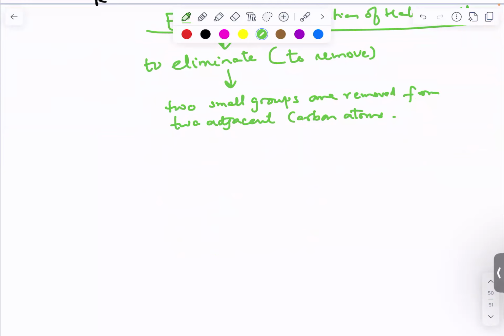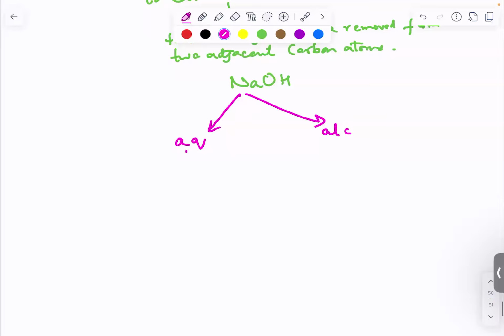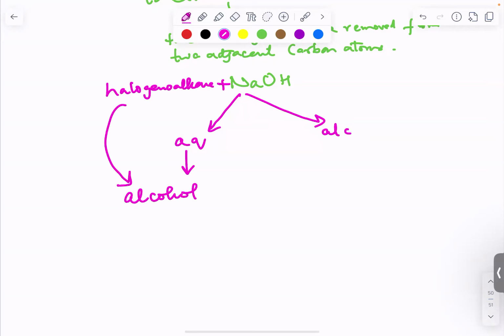If you remember, I told you that sodium hydroxide can be taken in two ways, aqueous or alcoholic. If you take aqueous sodium hydroxide with halogenoalkane, you get alcohol, so halogenoalkane is converted into alcohol.